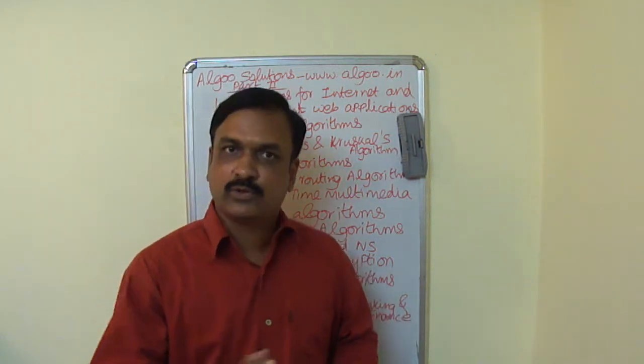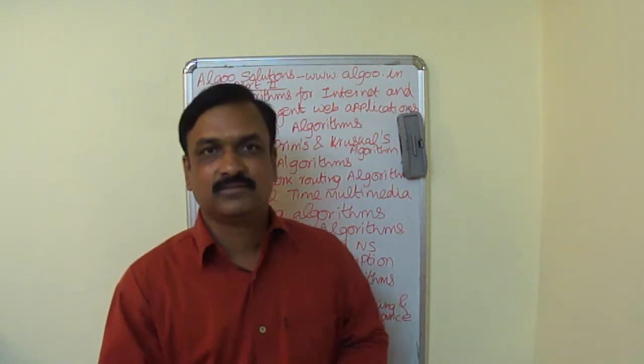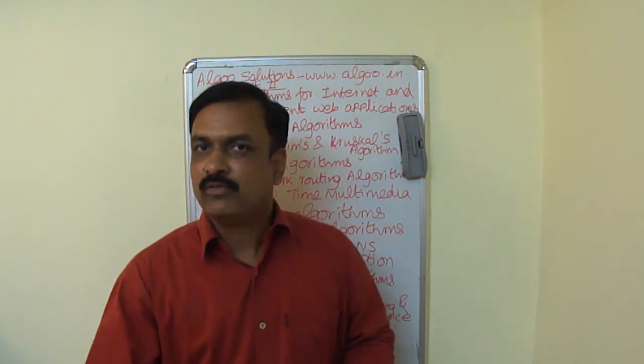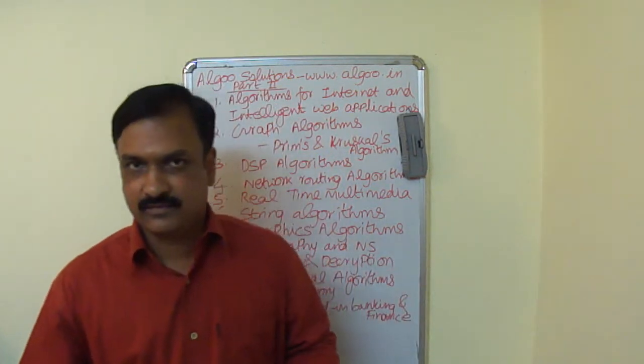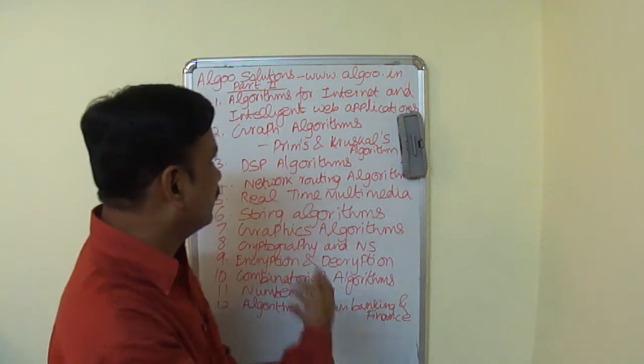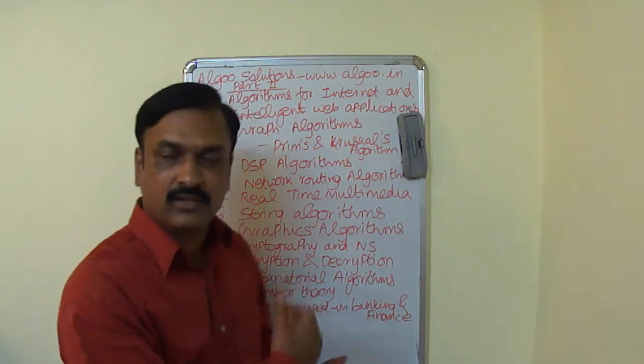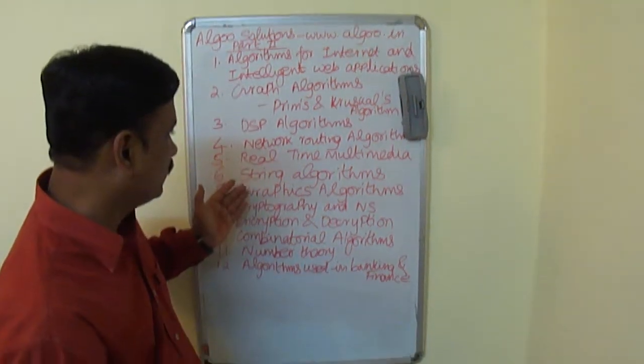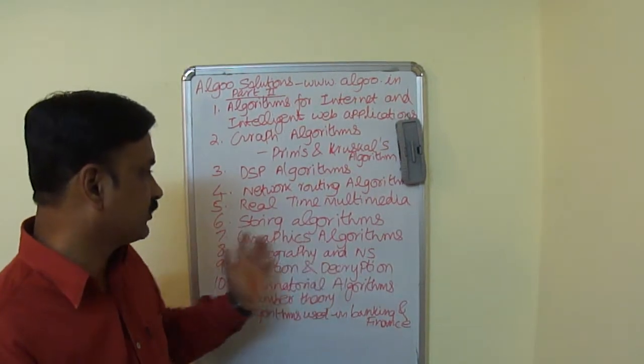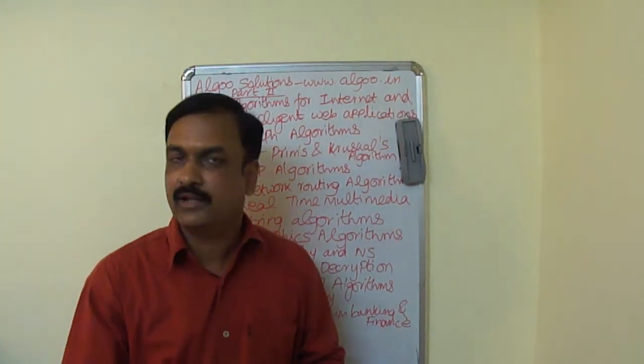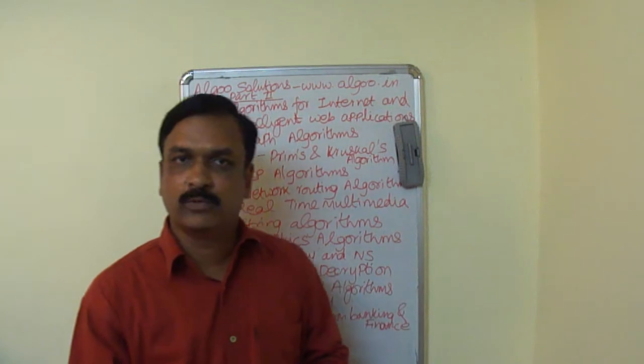Now the other approach you can take is more pragmatic. Now you may be working on different domains, right? You may be working on internet and web applications, you may be working on DSP, you may be working on string algorithms, maybe on NLP or information retrieval.